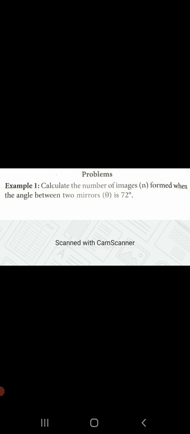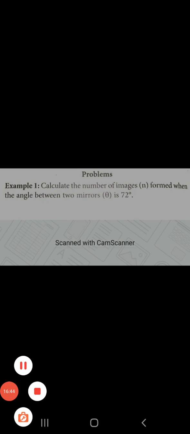By using this formula, we can calculate the number of images that will be formed by the mirrors if they are kept at a certain angle. So let us go ahead and do a couple of questions to understand how this formula helps us to calculate the number of images.